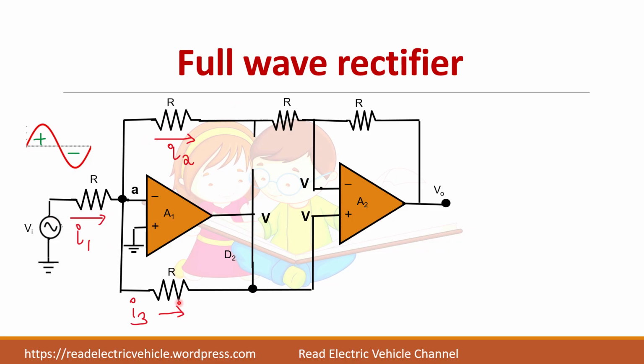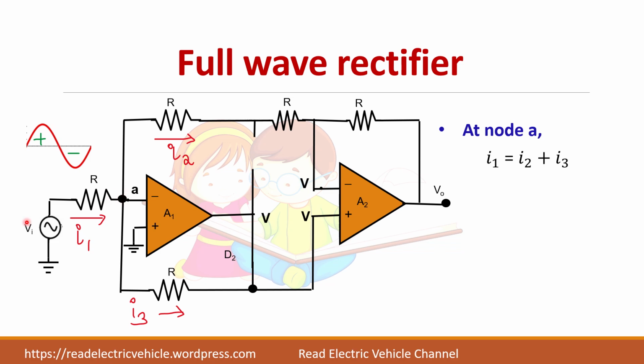Three currents are there, and we will write the nodal equation at node A. Node A potential is 0, because according to virtual ground, since this plus terminal is connected to ground, VA is also at ground potential. So I1 is equal to I2 plus I3.